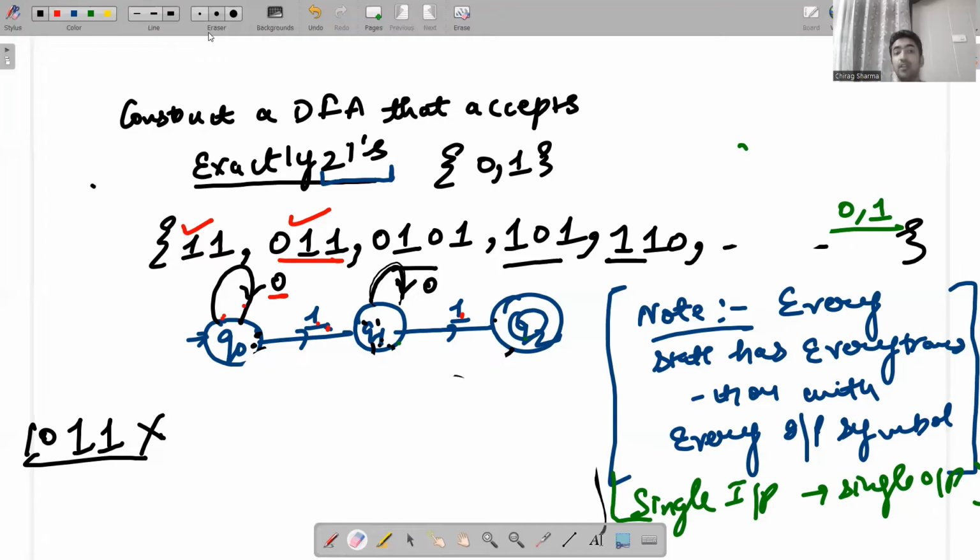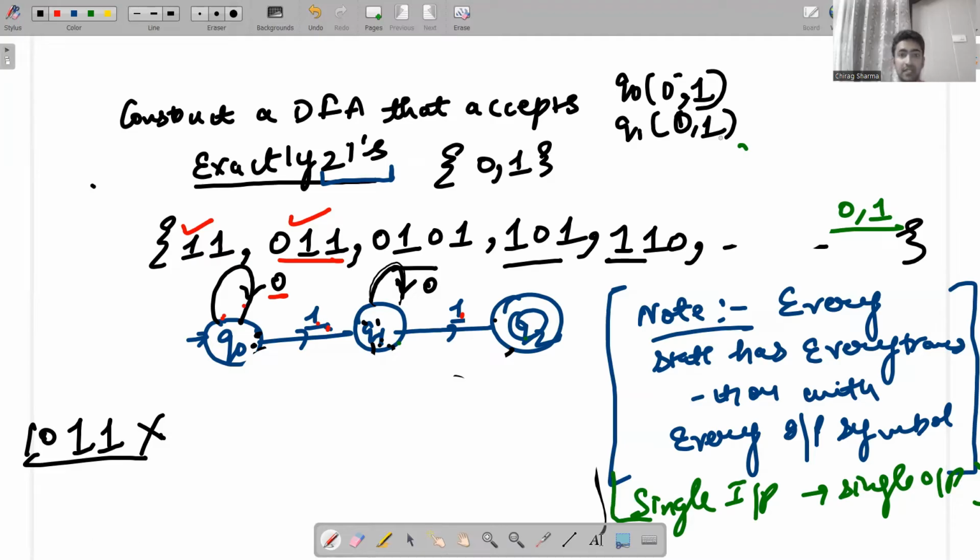So over here Q0 has a transition with 0 and 1, Q1 also has a transition with 0 and 1. Guys, we have obtained exactly two ones actually.